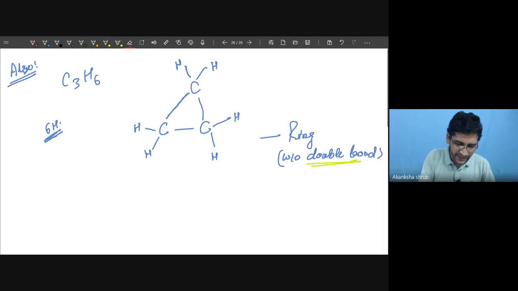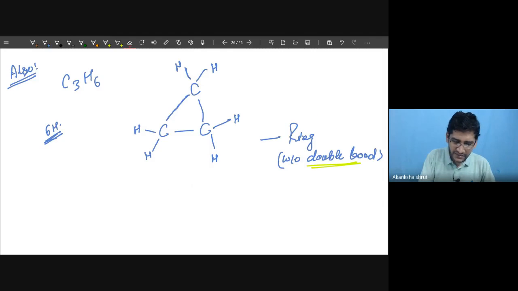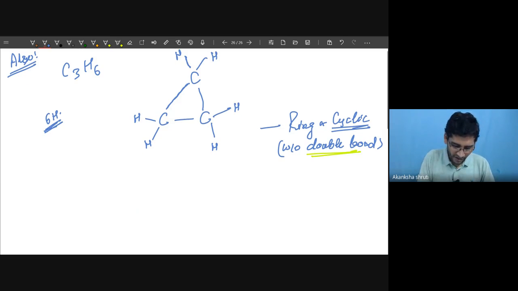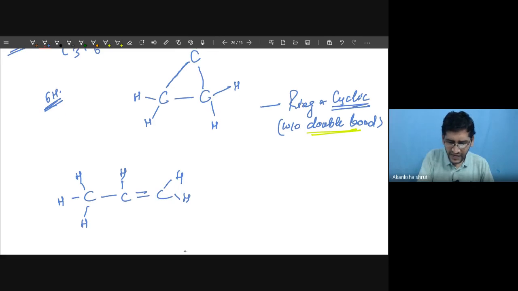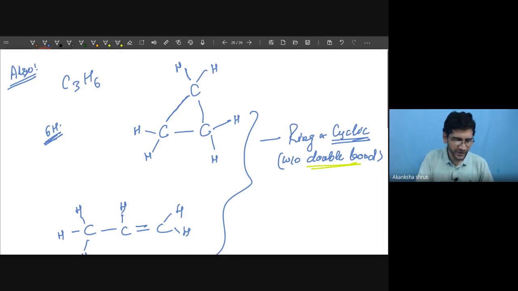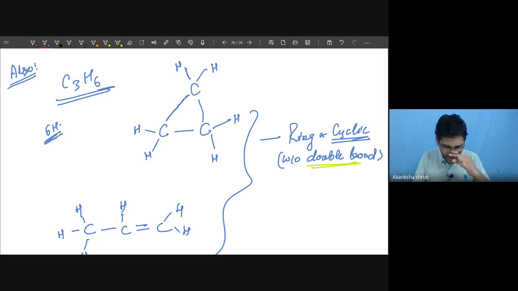So students, just observe: this cyclic or ring is also called cyclic. The other that we had formed here was only this one. So these are the 2 structures for the same molecular formula.